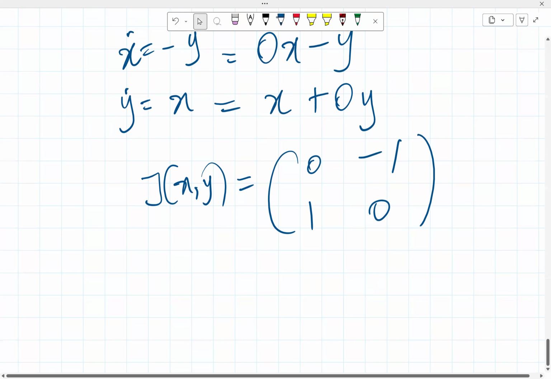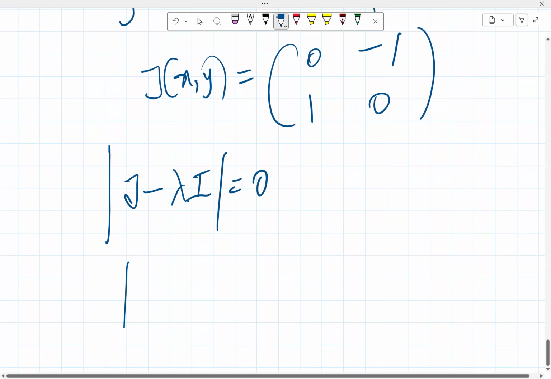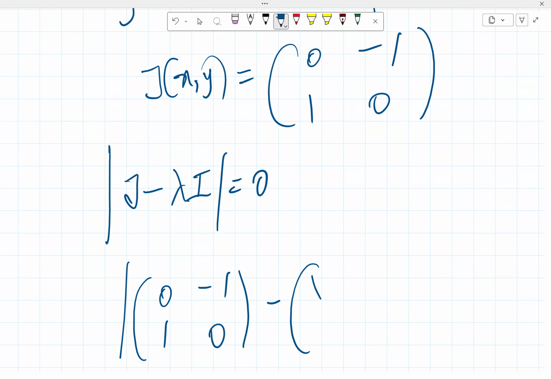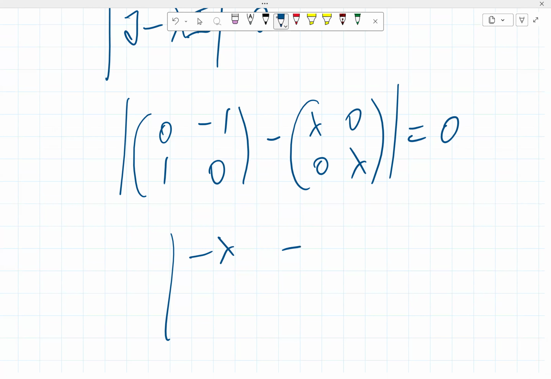So how do you then find the eigenvalues? Again, that's J, right? So you have J minus lambda I equals 0. So J now is 0, minus 1, 1, 0, minus lambda, 0, 0, lambda, and that is equal to 0. So you have 0 minus lambda, that's simply minus lambda, and then this is minus 1, and down here we have 1, and this is minus lambda again, and that is equal to 0.